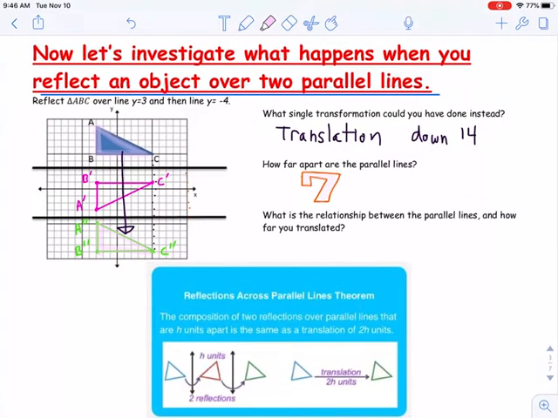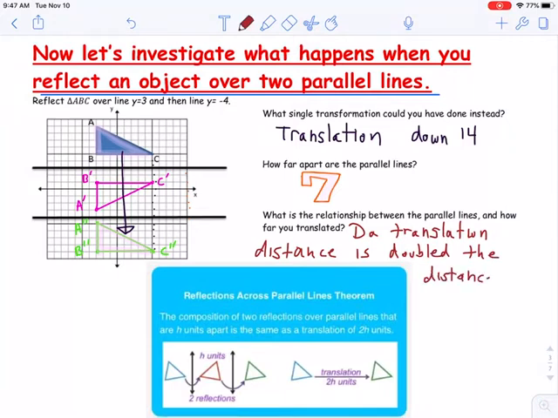Okay. So what is the relationship between the parallel lines and how far you've translated? The translation distance is double the distance between the parallel lines.